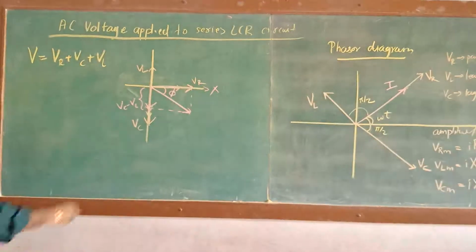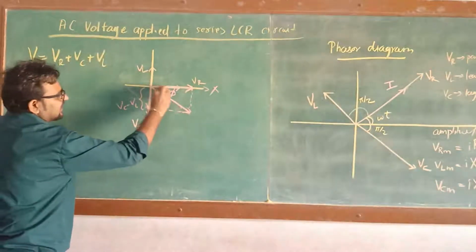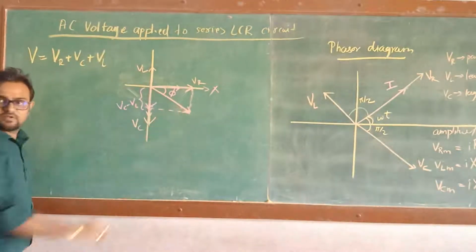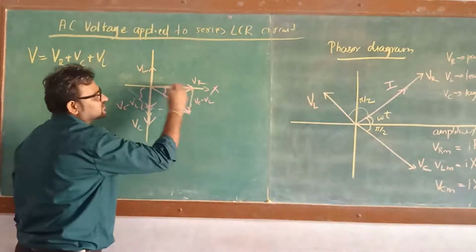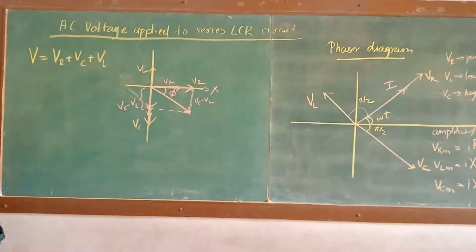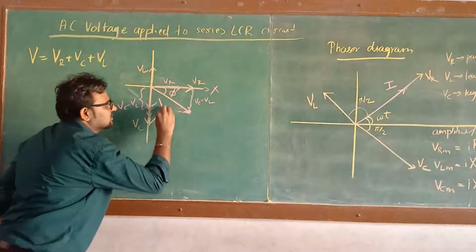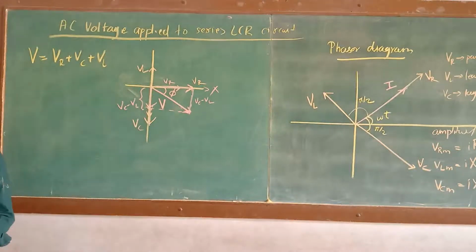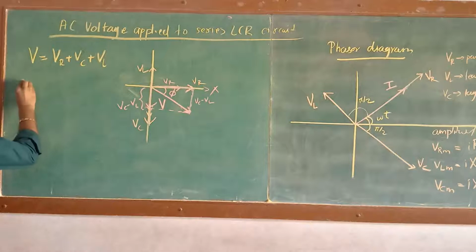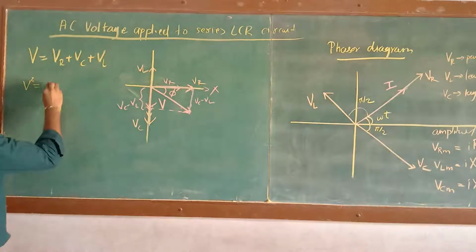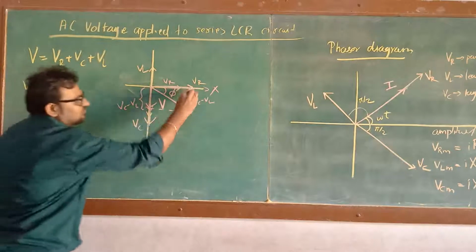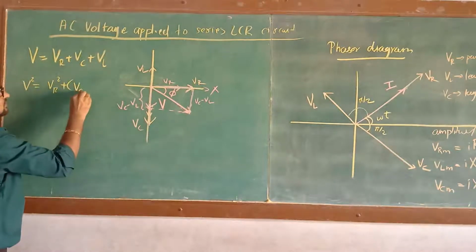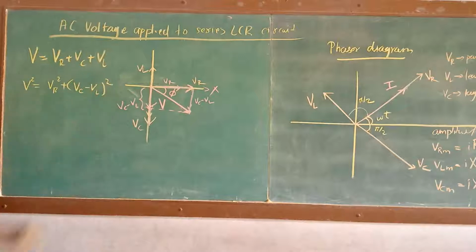Okay? So now if I see this, I can represent the right angle. What is this? VC minus VL. What is this? VR. So the hypotenuse is the resultant V. So V square will be equal to VR square plus VC minus VL whole square.